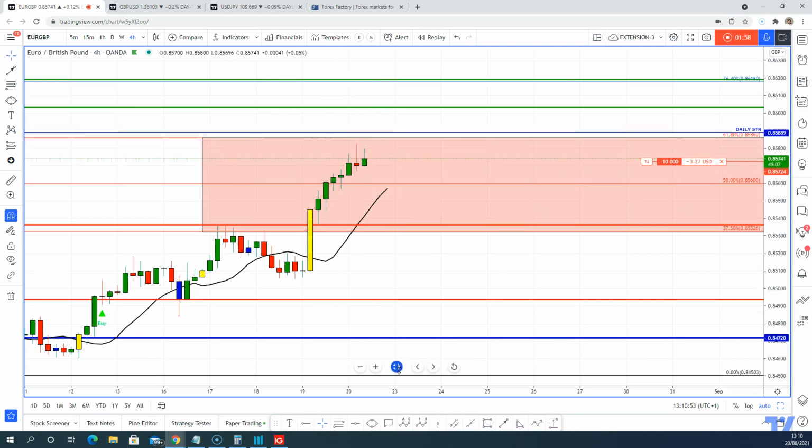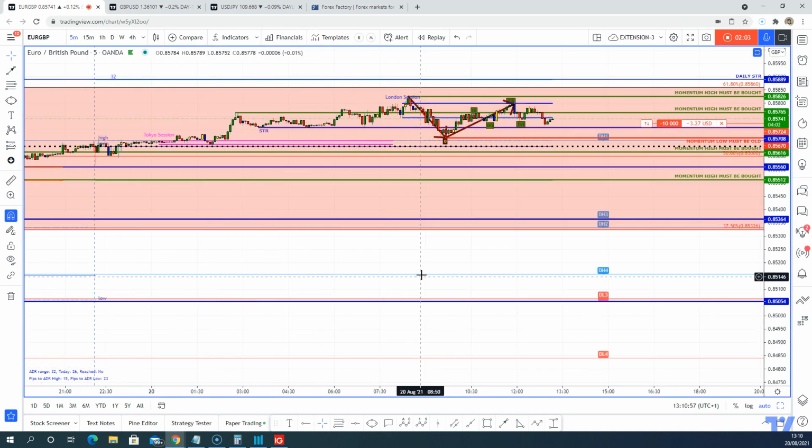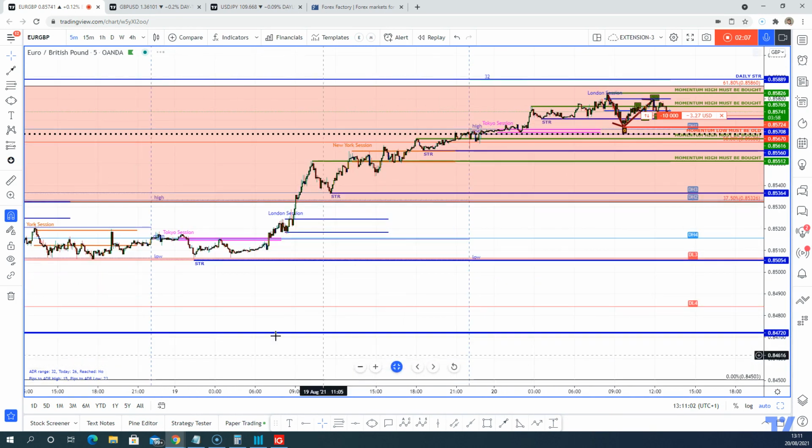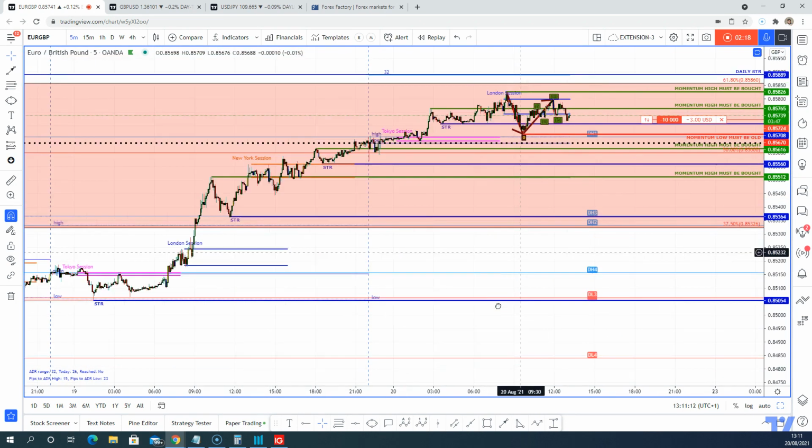Okay, I like to use the 5 minutes chart, and this is what happened this morning. I've drawn out all the momentum, the structures and stuff. So we can see yesterday we had a nice up day, but price went into the sell zone of the daily chart.